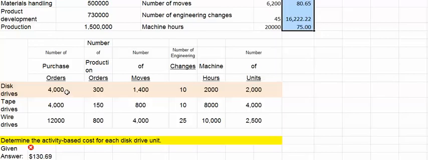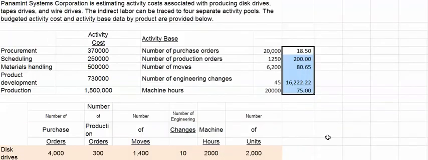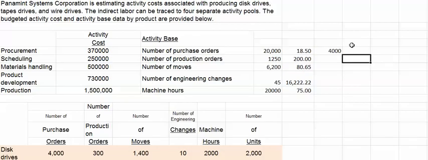For the disk drives, going back to my calculations, we are using 4,300, 1,410, and 2,000 of each. So if I put in here my 4,000, and I can multiply the 1,850 times 4,000, and I get $74,000.